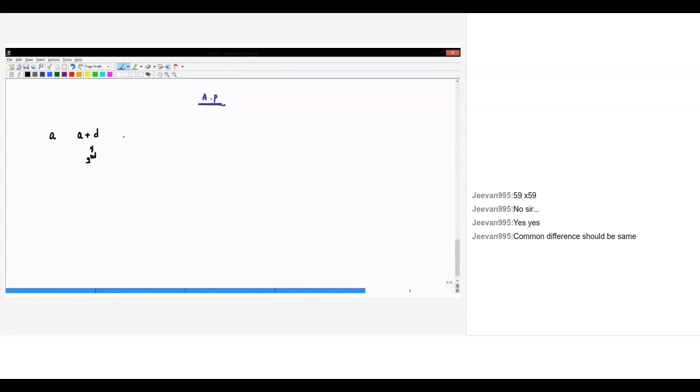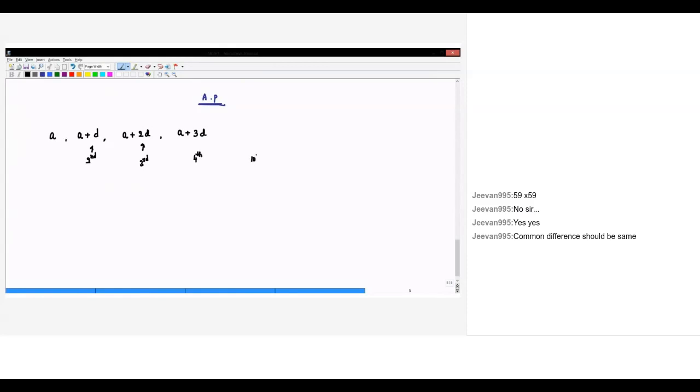You add another D. That is the third term. Add another D. It is the fourth term.